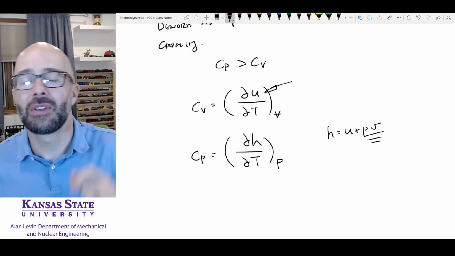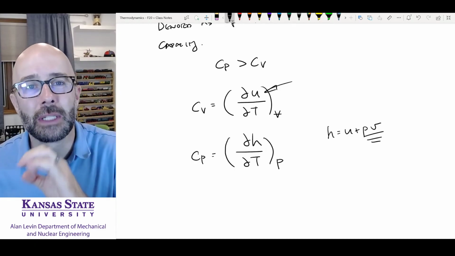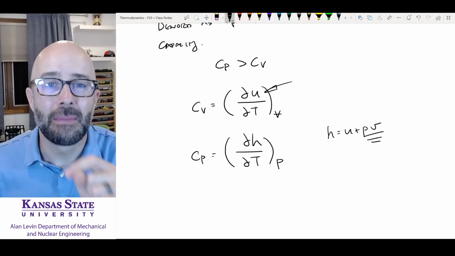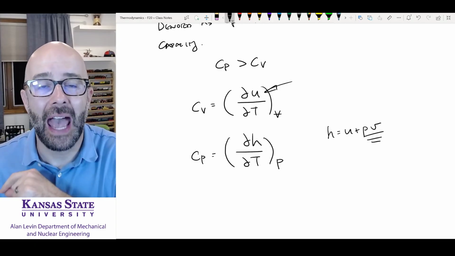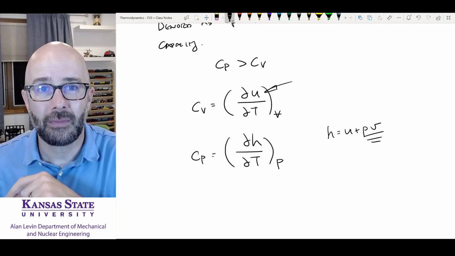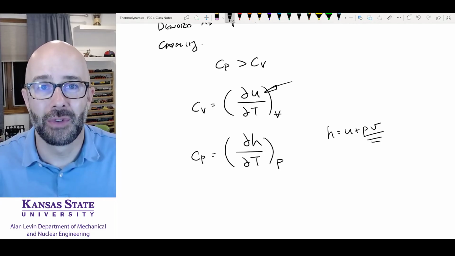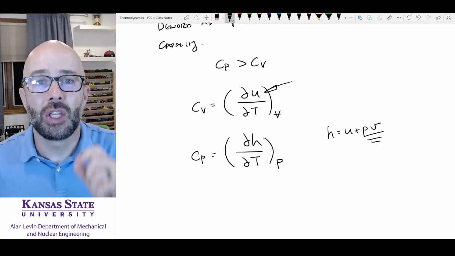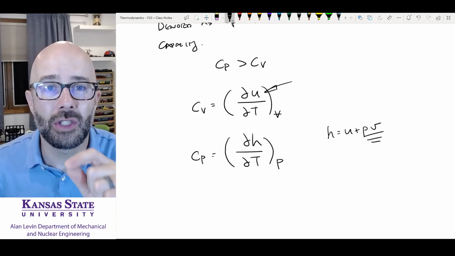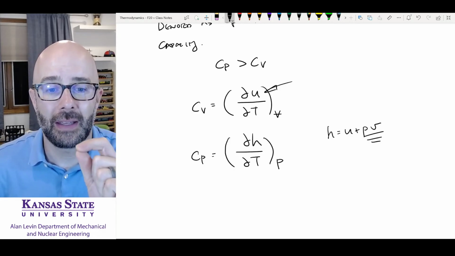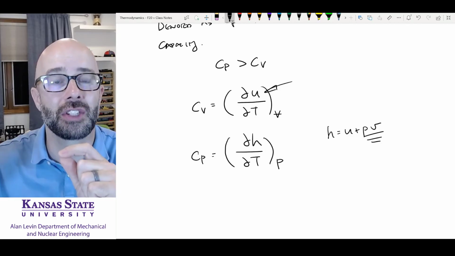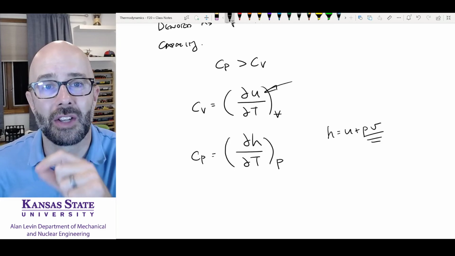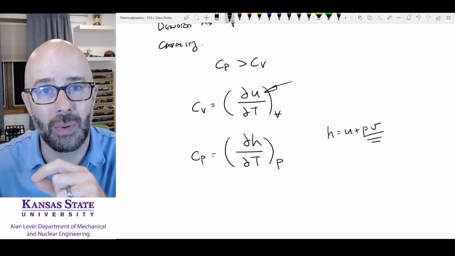But I'm going to tell you something, and I'm going to reiterate this multiple times. This is how they're defined, but this is not necessarily how they have to be used. We are going to give you a value for C sub P. We're going to give you a value for C sub V. But you do not have to always use the specific heat at constant volume in constant volume situations, and you do not have to use the specific heat at constant pressure in constant pressure situations.